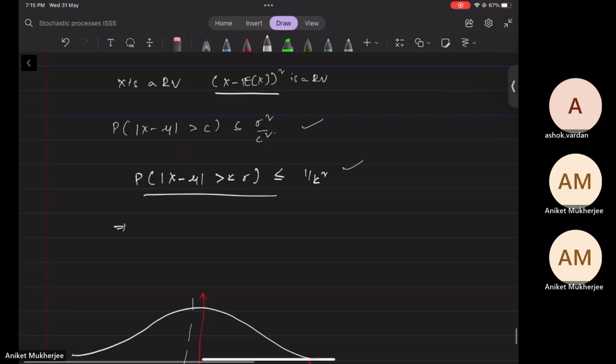What this implies is the probability that X is greater than or equal to expectation of X plus K sigma, or X is less than or equal to expectation of X minus K sigma, is less than or equal to 1 by K square. Here mu is the expectation of X.